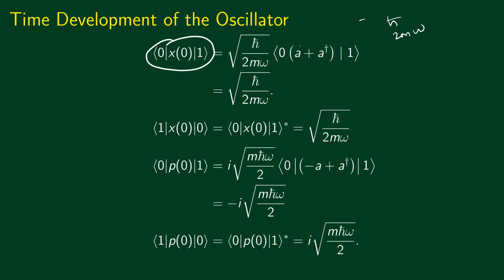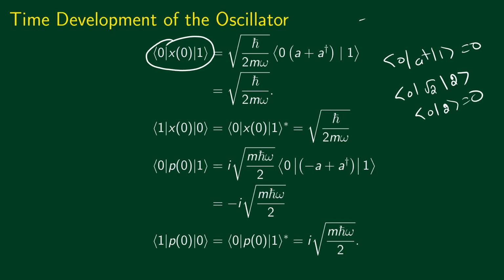Now, A acting on ket 1 gives ket 0, and from this term we get a non-zero contribution, which is square root of h bar divided by 2 m omega. Whereas this combination bra 0 A dagger ket 1 gives 0, because A dagger acting on ket 1 is square root of 2 multiplying ket 2, and by orthogonality this term is 0.